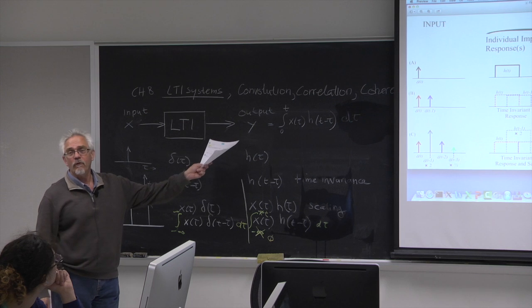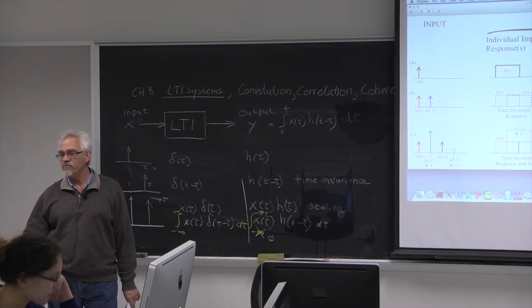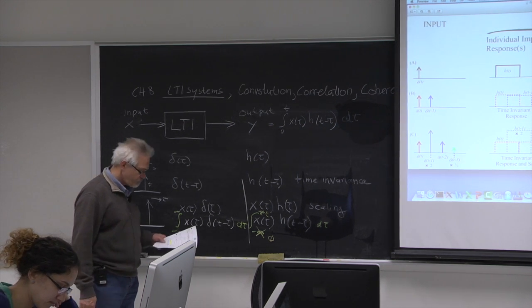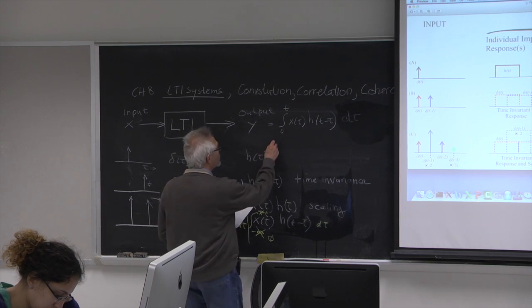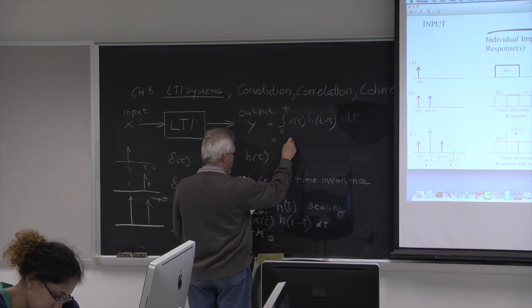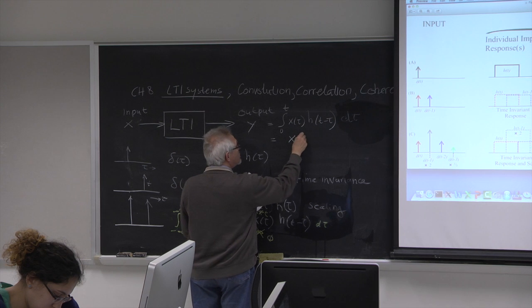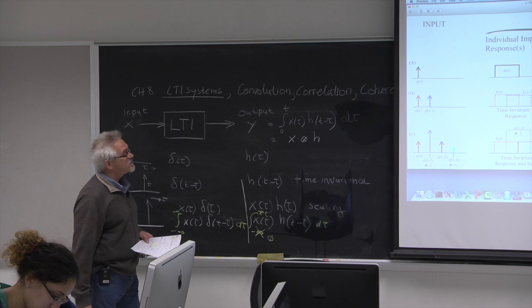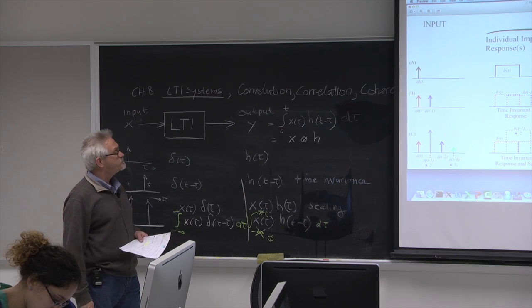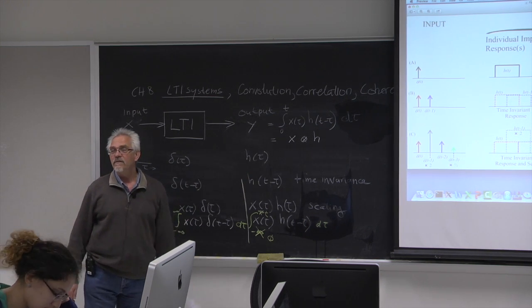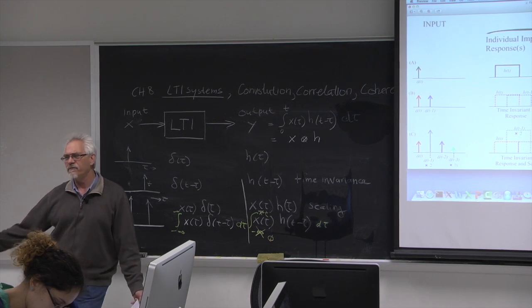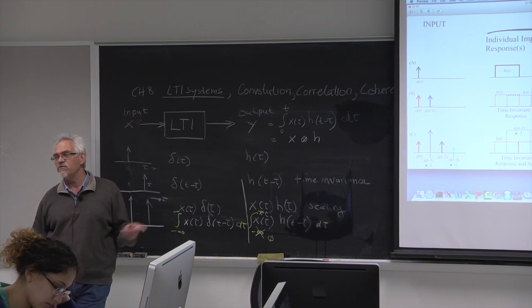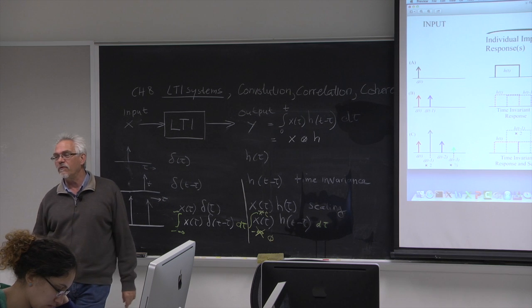And this is the convolution integral. So this is convolution. And there is a short way of writing this as well, with this little x with a circle. You see that it's used for different things in different papers sometimes, but usually when you see something like that, they mean convolution.